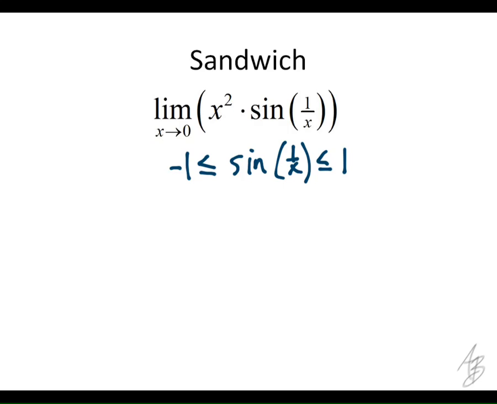No. We would be worried here if x squared could be negative and we multiply by a negative, then it's going to flip our inequalities, right? But we don't have to worry about that here because x squared is always positive. So we're going to multiply everything by x squared, and I'm going to cheat here. I'm just going to use what's already here.